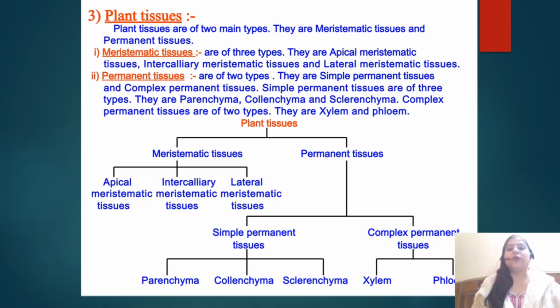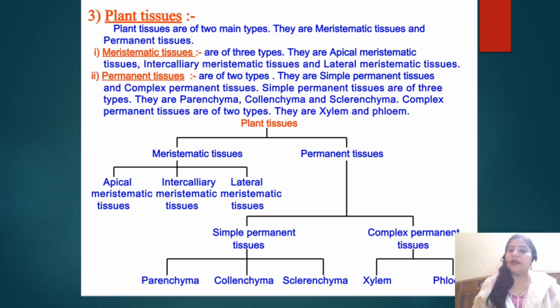The classification of meristematic tissue is apical meristematic tissue, intercalary meristematic tissue, and lateral meristematic tissue. These meristematic tissues are present in the plant but not in the animal, and hence the growth of animals stops after a particular age, but plants continue to grow throughout their life.